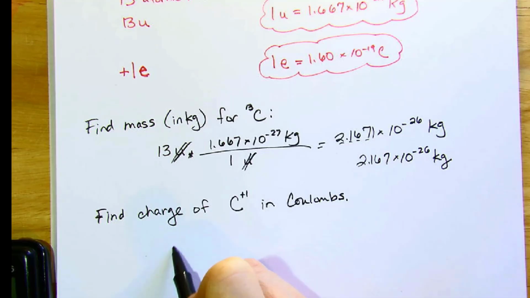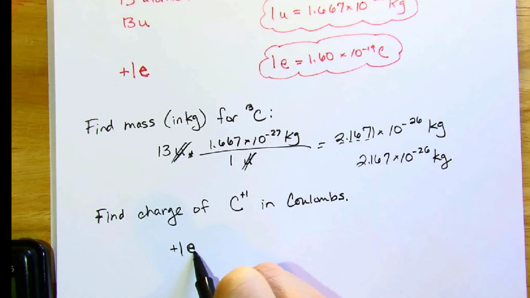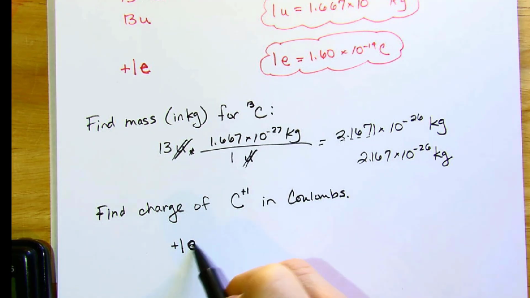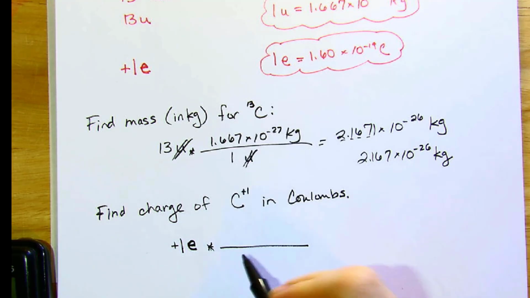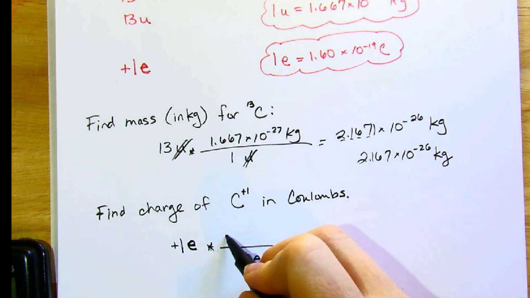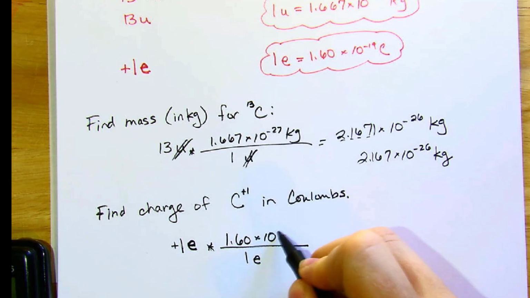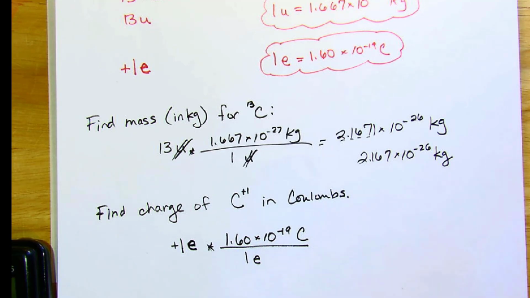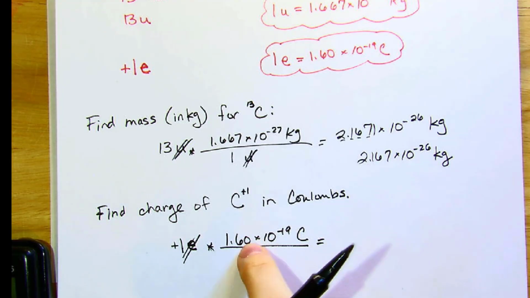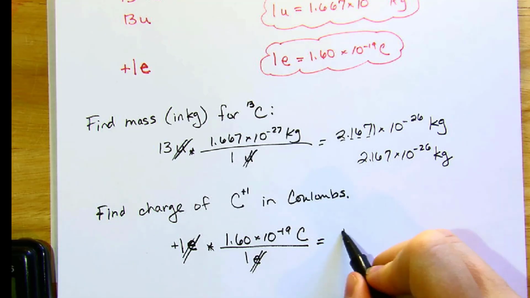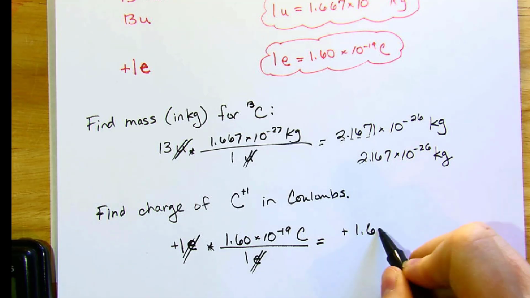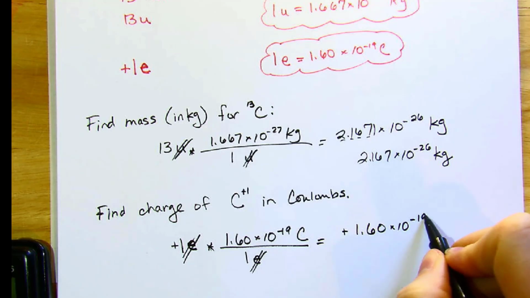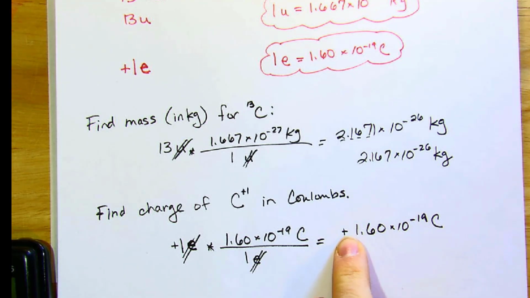So we had a charge of +1 in atomic charge units, the charge of electrons, times the conversion factor, where 1 e is equal to 1.60 times 10 to the negative 19 coulombs. Those cancel out, so we get a +1 times the conversion factor, so we'll really just get the same value again. I wrote the plus out because I wanted to.